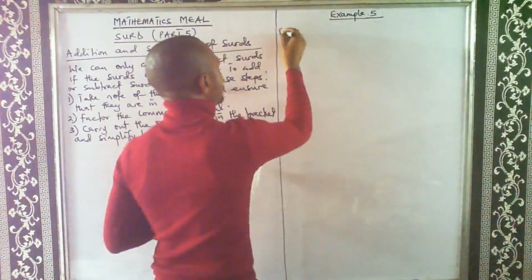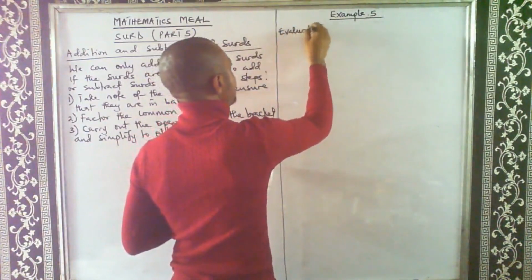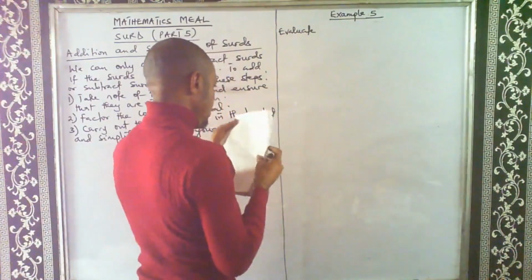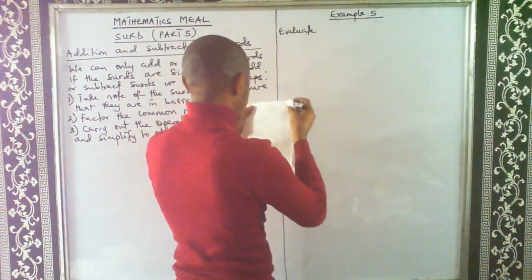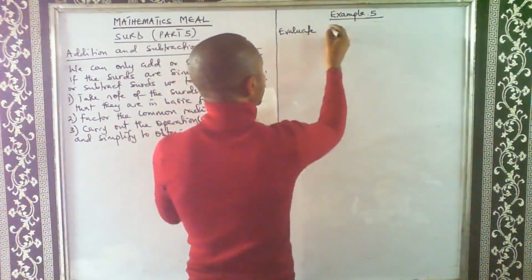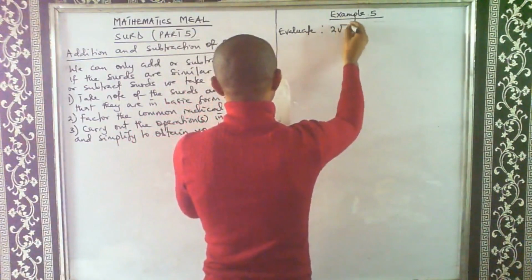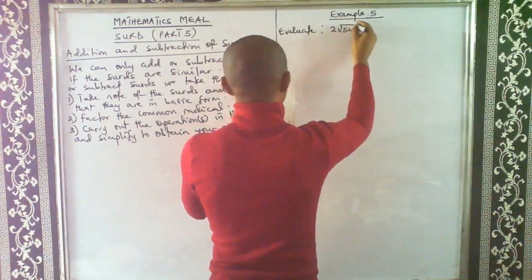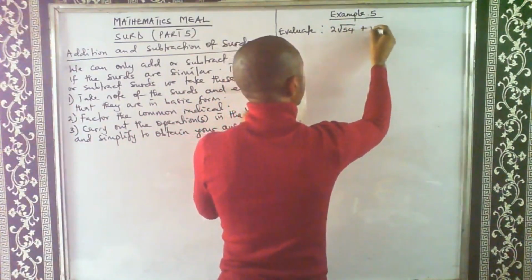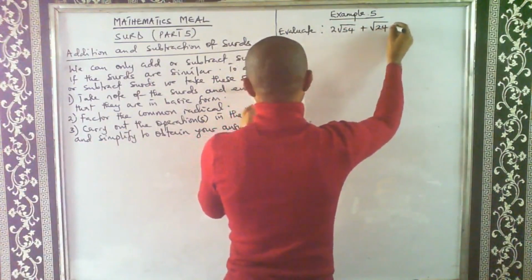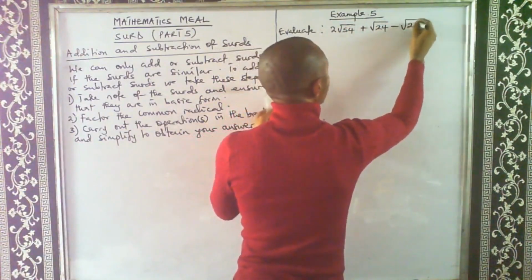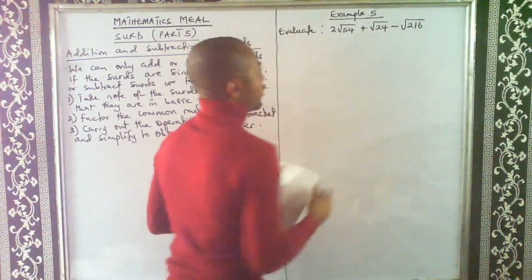Okay, so let's evaluate this. Let's take 2 root 54 plus square root of 24 minus square root of 216. Evaluate this.